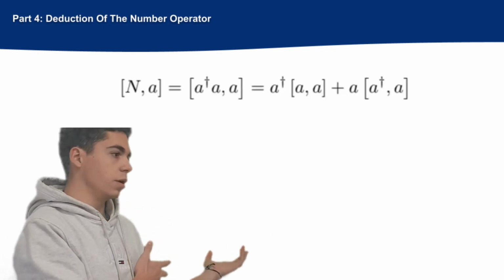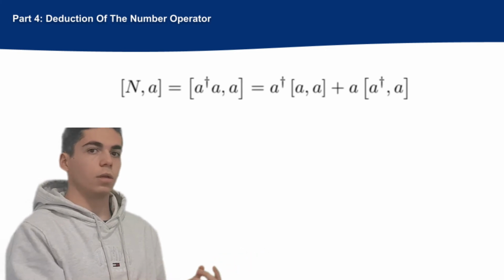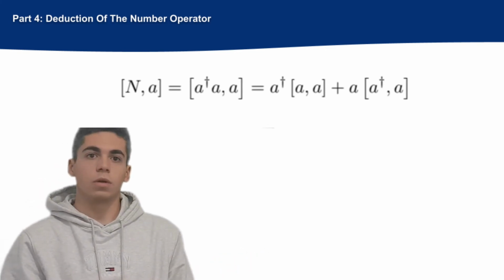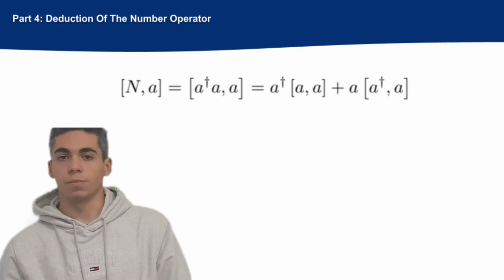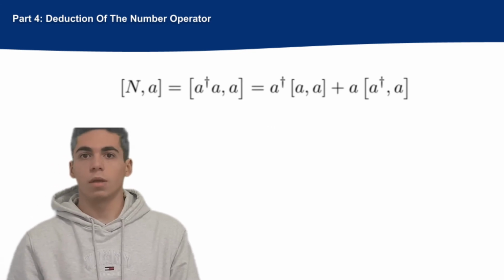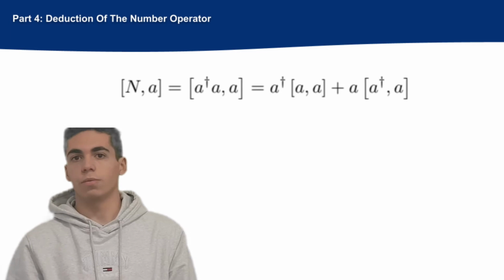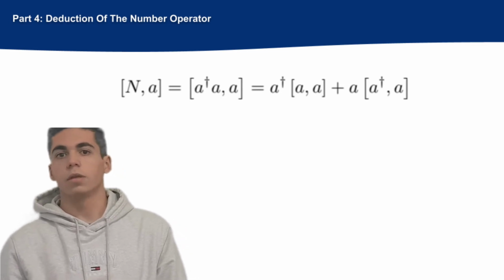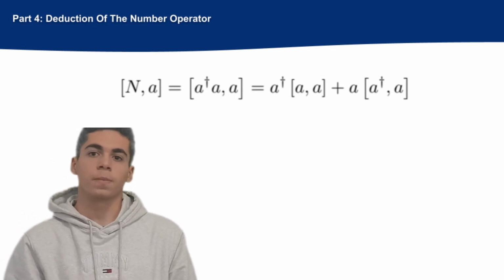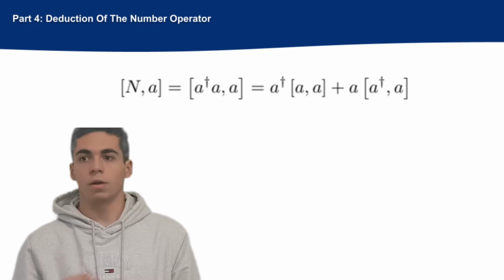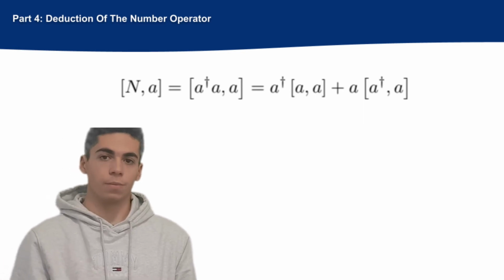Now we look at the commutator of a and a dagger, and we have to do this operation. We only need to calculate a dagger with a, because the commutator of a with a is 0, because the product of an operator with itself is always 0.